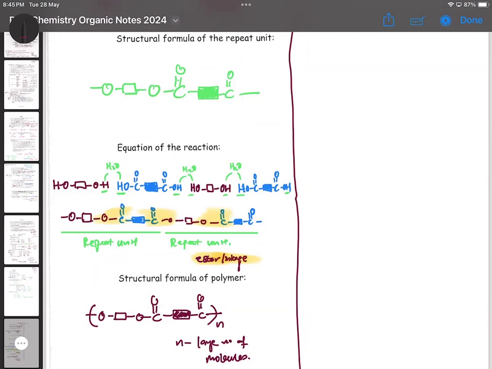They drop and join, drop and join. Okay, any questions from anyone?